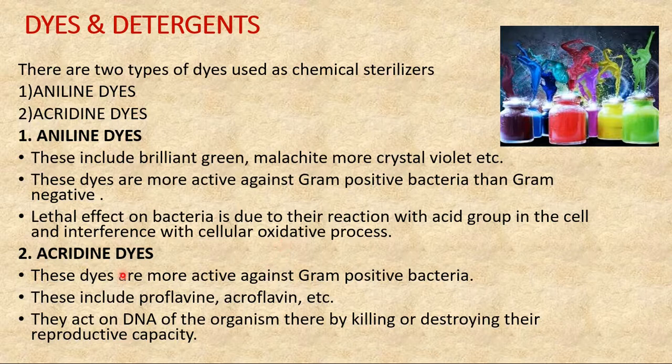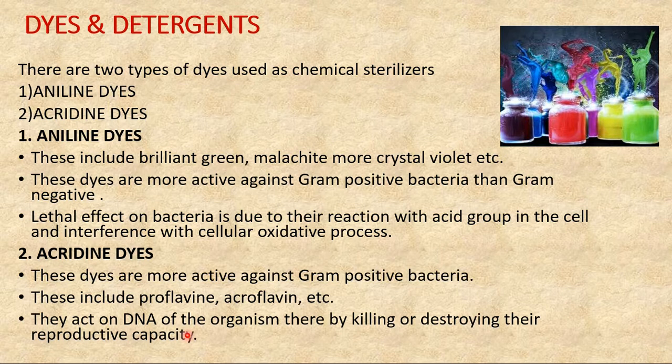Then coming to the acridine dyes, these are also more active against gram-positive bacteria only, and they include proflavin, acriflavin, etc. They act on the DNA, whereas the aniline dyes act on the oxidative, that means metabolic, processes, like proteins and enzymes being halted or interfered with. But the acridine dyes act directly on the DNA of the organism, thereby killing them or destroying their reproductive capacity.